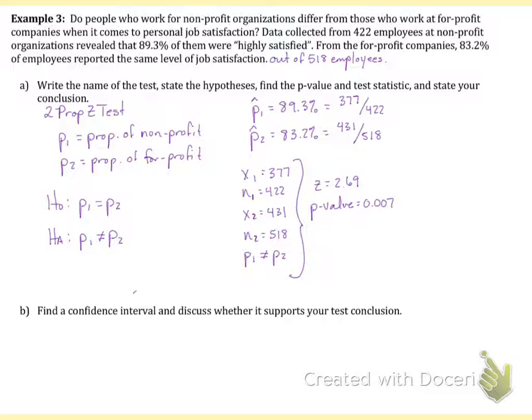And now I want to state my conclusion. I don't have a lot of room here, but I'm going to say that since the p-value is less than alpha equaling 0.05, I wasn't given a significance level, so I'm going to assume that it's 0.05. We reject the null.